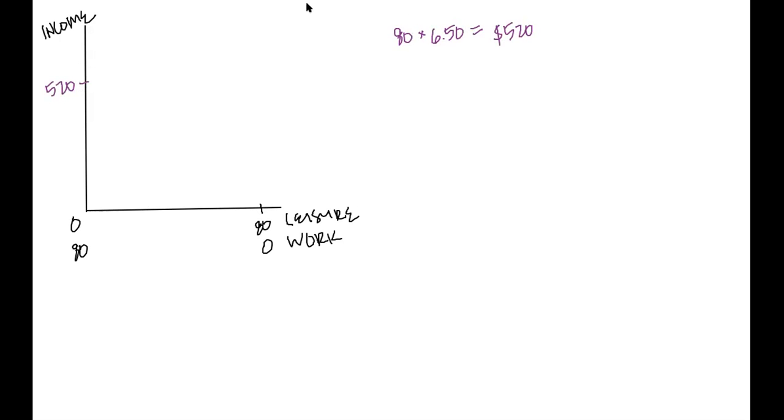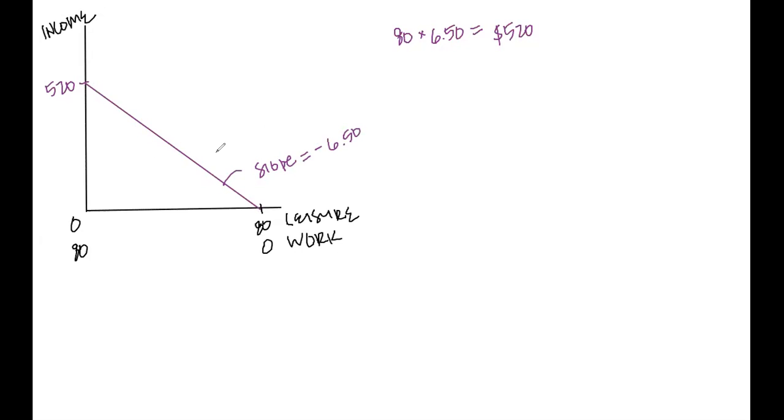And then we can just draw a line to connect this to our x-intercept. Our x-intercept is 80 hours of leisure, because if she works 0 hours, she's not going to make any money. So those are the two ways to find the intercepts. And then we can see that this slope is going to be, in this case, negative 6.50 because it's downward sloping.